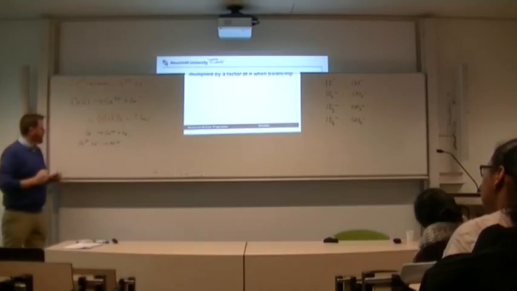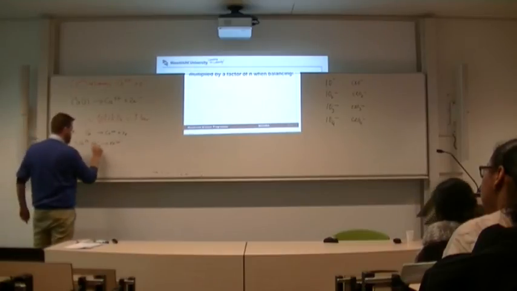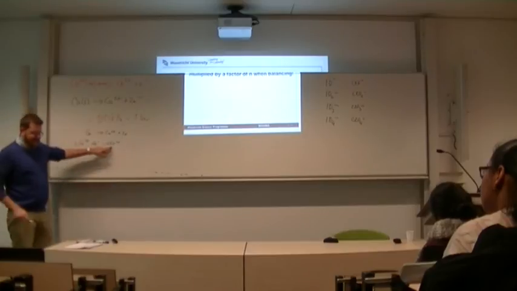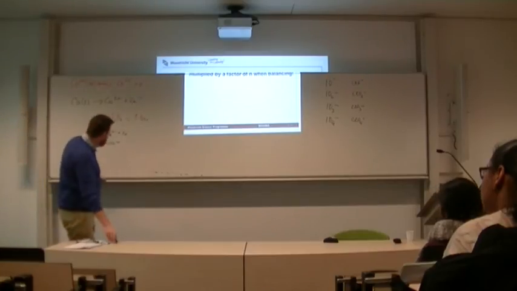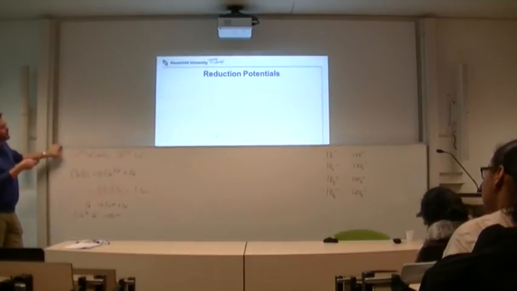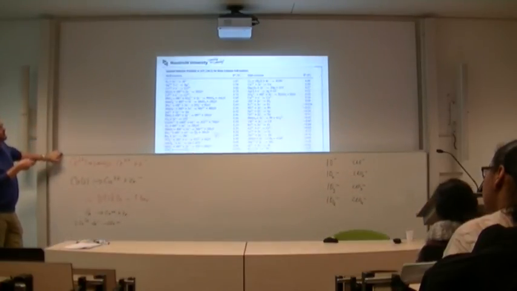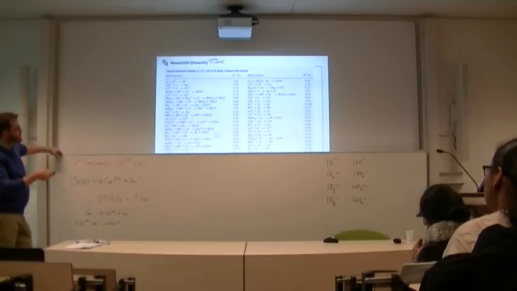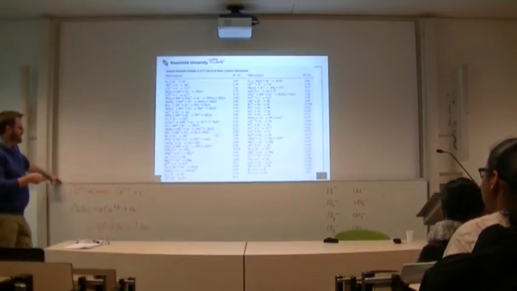Remember the story here, I multiplied the bottom reaction by 2. Now if I do that, I'm not going to multiply the potential of this half reaction, which we can look at in a table. Let's find it. Where is iron 3 plus? Here.